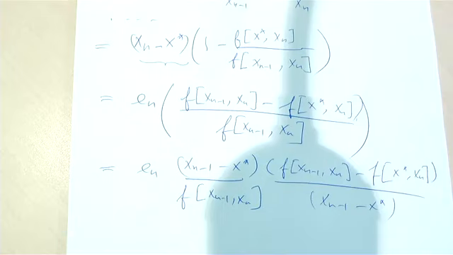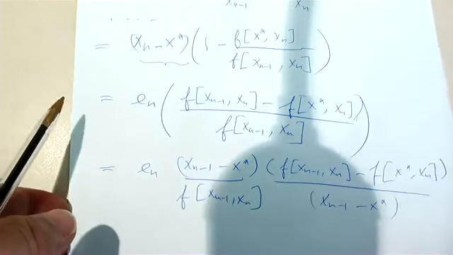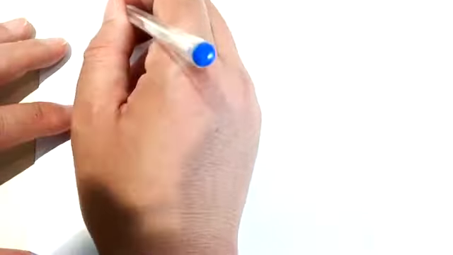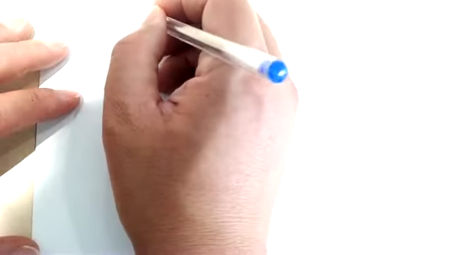And now, if you remember the mean value theorem for divided difference, which we saw some time ago, let's see, now you have f of xn minus 1 over xn.